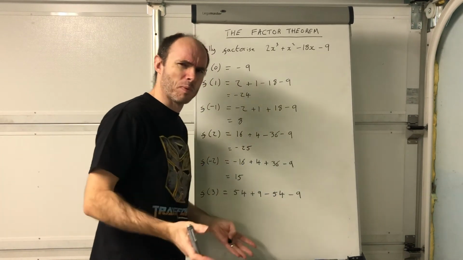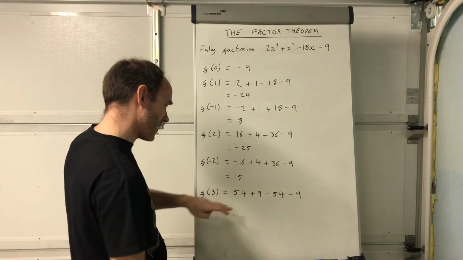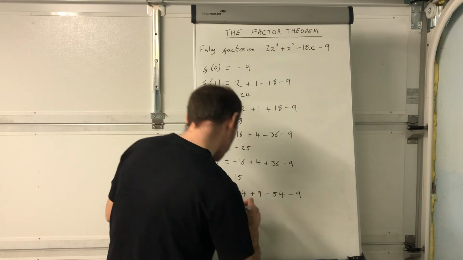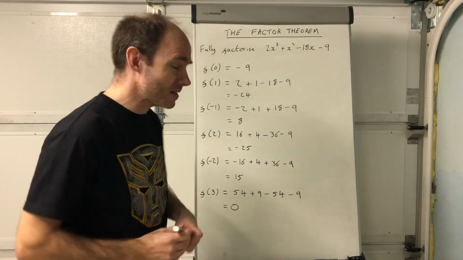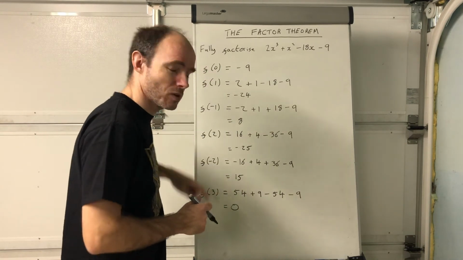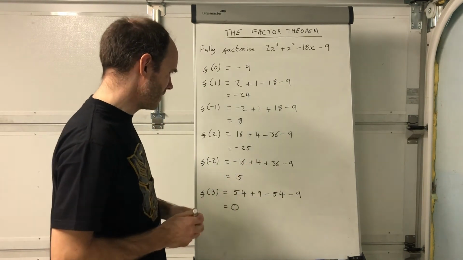I shouldn't really say more positive, what I'm saying is this is looking more likely. 54, subtract 54, 0, 9, subtract 9, 0. So, found it. Hooray, found it. Sometimes you get lucky, sometimes it is one of the simpler ones like 1 or negative 1 or 2 or negative 2, but you just got to keep on going until you actually get to a particular value.